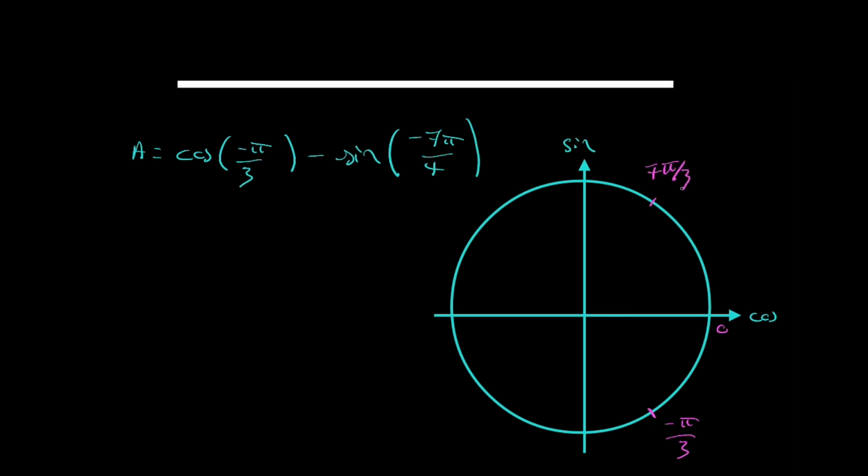pi over 3 because this is a specific angle for which we know the specific values, which are cosinus of plus pi over 3 is equal to 1/2, and sinus of pi over 3 is equal to plus square root of 3 over 2.